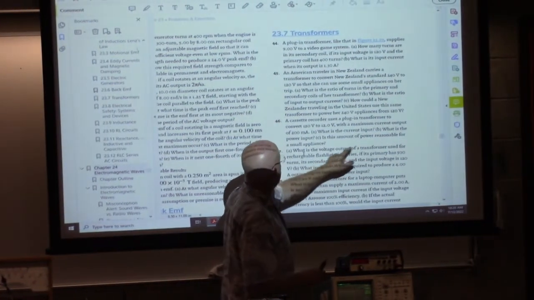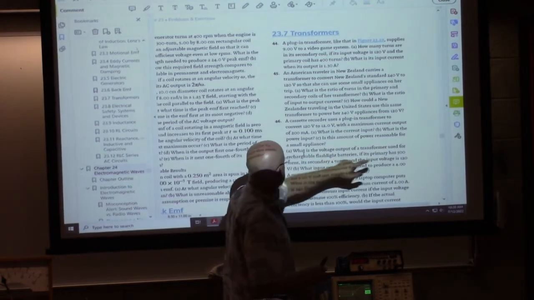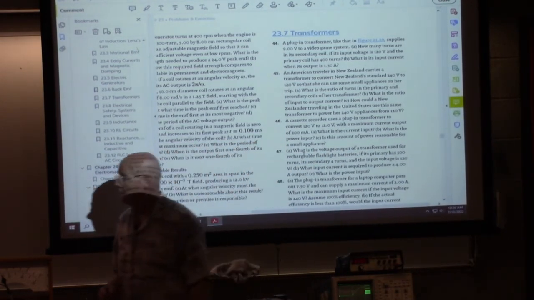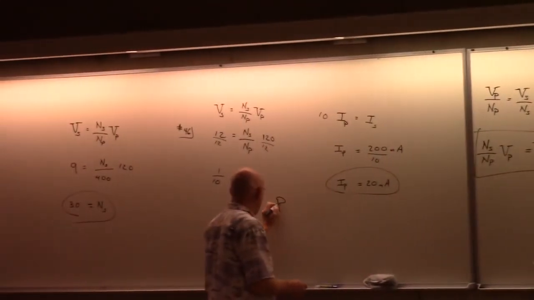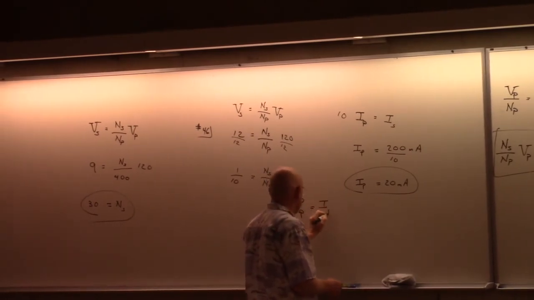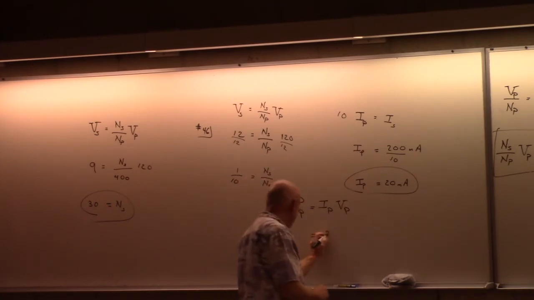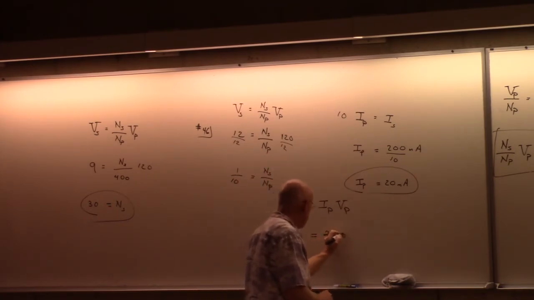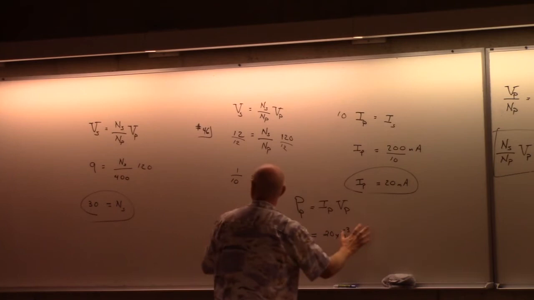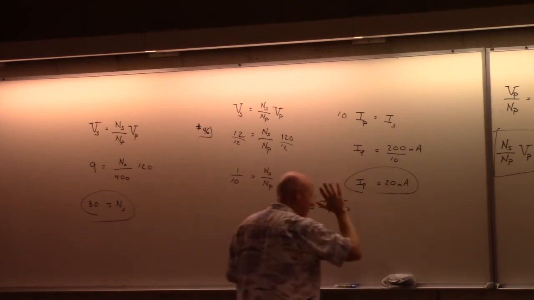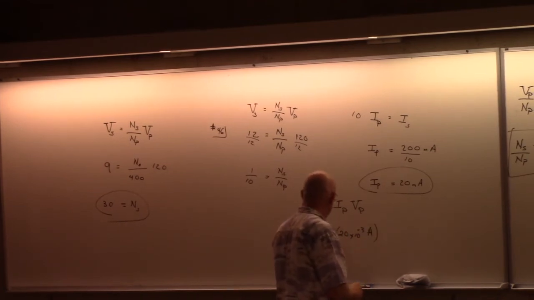Then it says, what is the power of the input, and is the amount of power reasonable for this small appliance? Okay, well, if I'm doing the power on the input, so I'll say power primary, this would be current primary times voltage primary. And as we just solved, the primary is 20 milliamps for the amount of current.